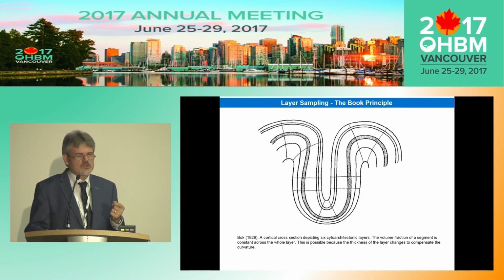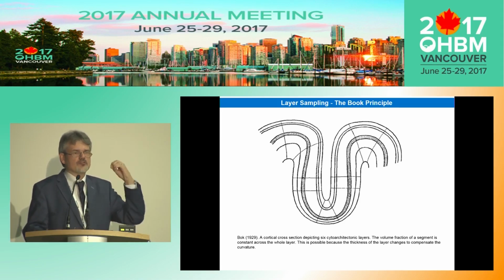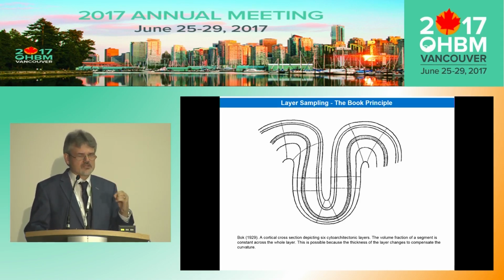We use this now and use curvature instead of simply the depth layer. We adjust our sampling of depths based on curvature information. And that is quite important because we see here that in straight cortex, we have a certain partitioning of volume fraction across depths, and that is not retained if we go into high curvature regions like in the sulcal fundi here or in the crowns of gyri.